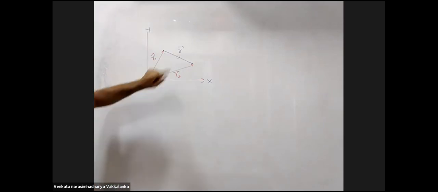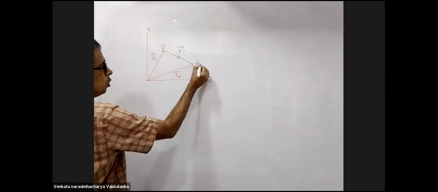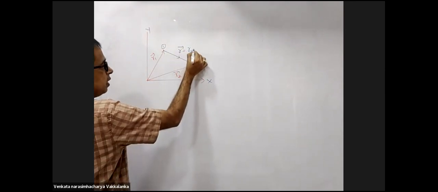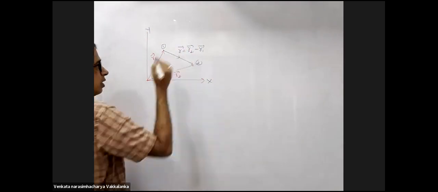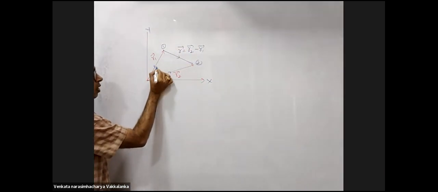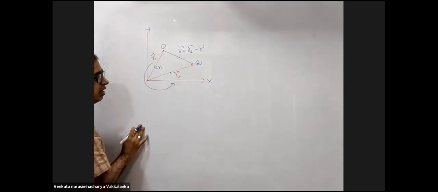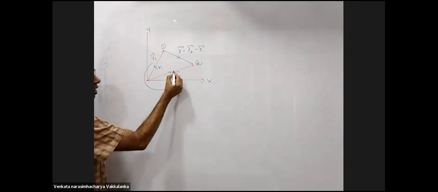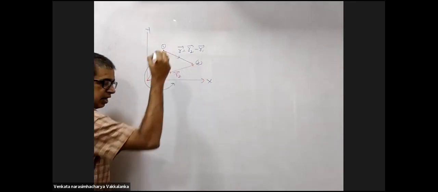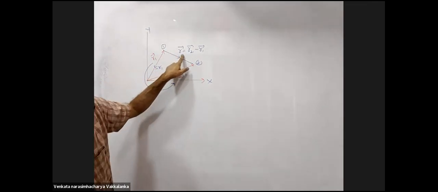The vector R from 1 to 2 will be R2 minus R1. See if you are convinced. There are two sides of a triangle taken in one order, R1 and R2. The third side of the triangle taken in the reverse order is my R.